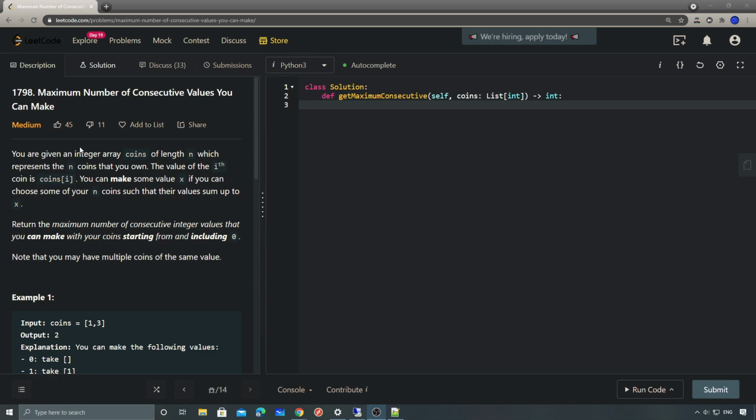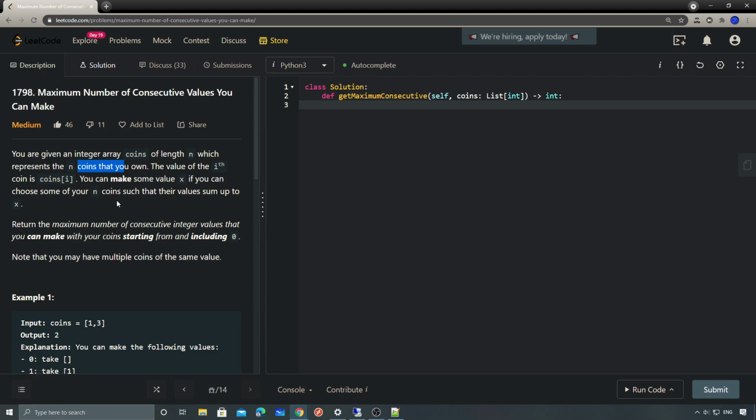So today, 1,798, maximum number of consecutive values you can make. You're given an integer array coins of length n, which represents n coins that you own, and you have a value for each coin.